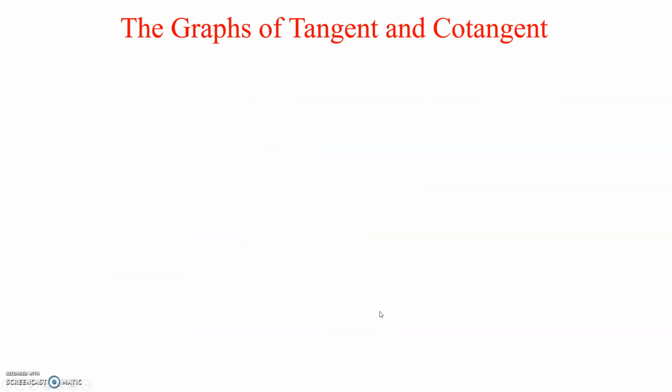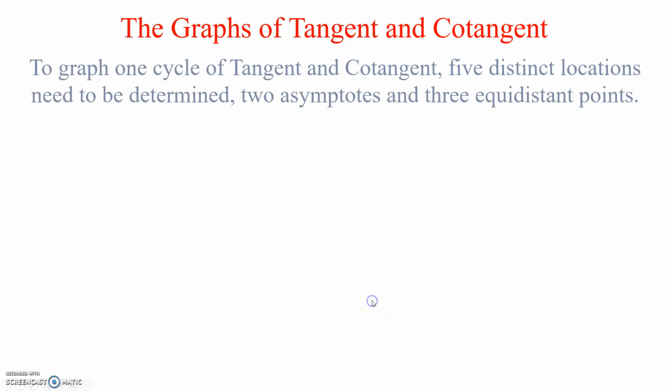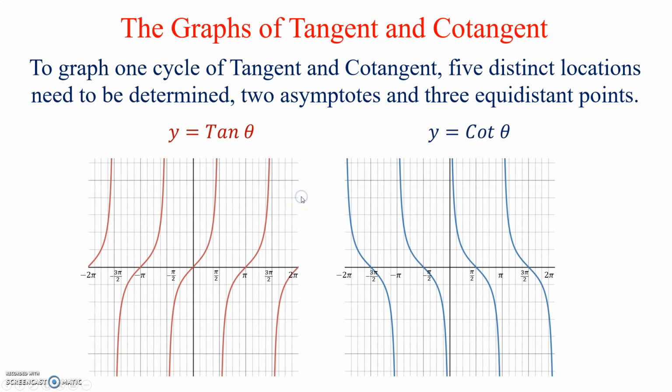All right, and with respect to graphing, with sine and cosine, you needed 5 points. Well, with tangent and cotangent, it's not necessarily 5 points, but 5 distinct locations are needed to determine the graph. The 5 distinct locations would be 2 asymptotes and 3 equidistant points.